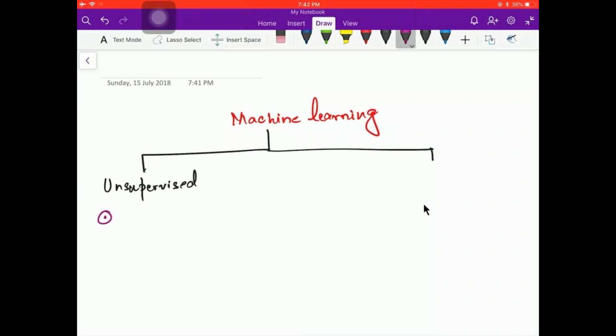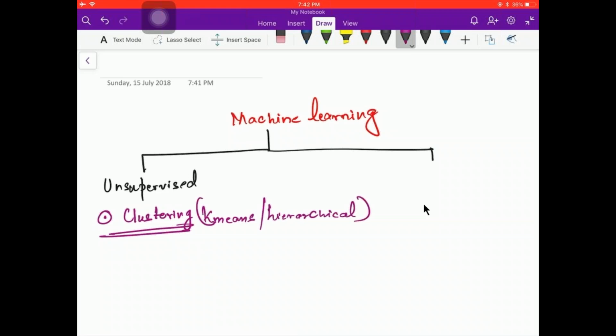Only one algorithm, and that is k-means clustering. We learned two. One is k-means, the other one is the hierarchical one. Clustering only. These are ways of doing clustering, but essentially they are the same. Clustering is mainly the unsupervised part that we have learned.